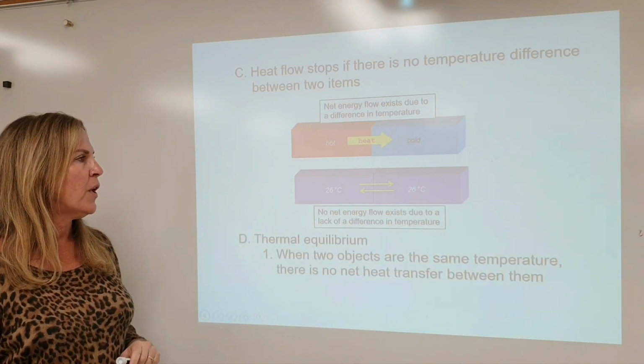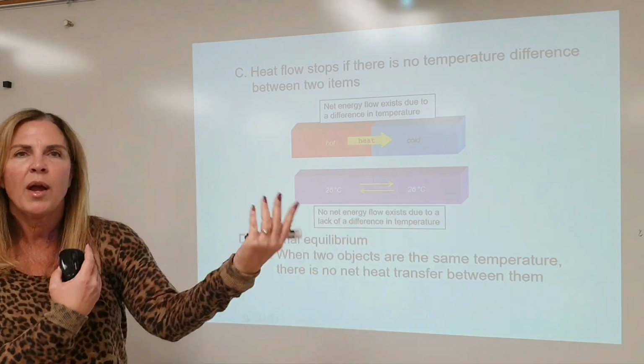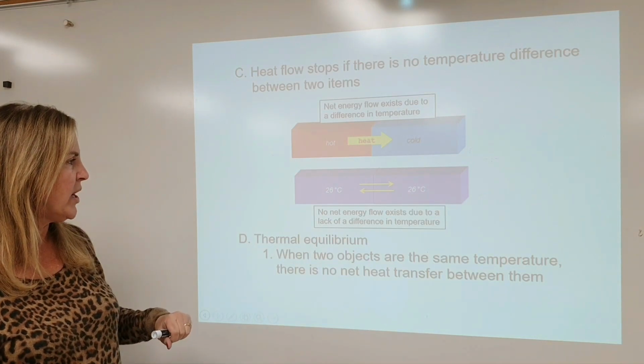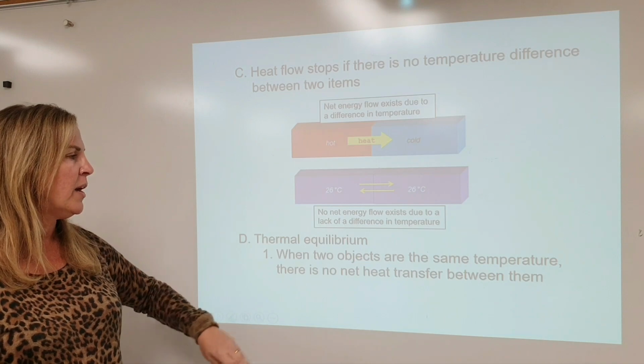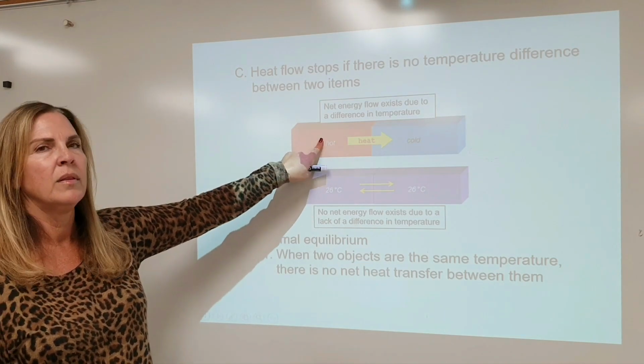So there's no net energy flow, because once they get to the same temperature, there's not really any temperature change happening between the two objects. So thermal equilibrium is when the two objects are at the same temperature and there's no net heat transfer between them.